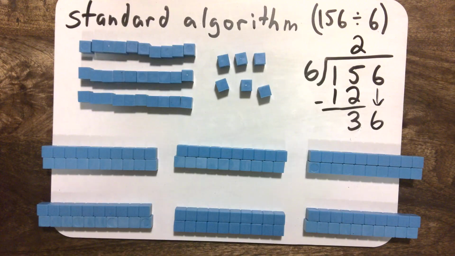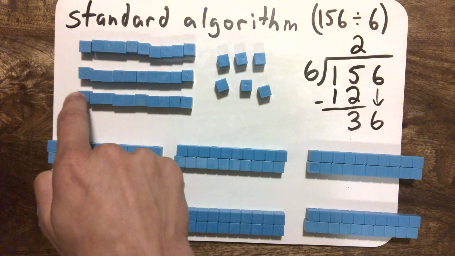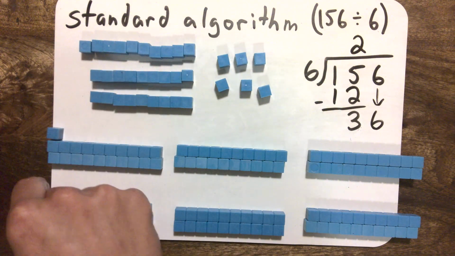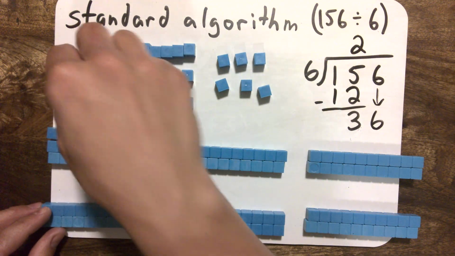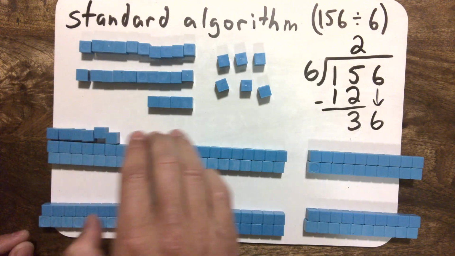ones. I want to think, how many ones can I put into each of these 6 groups? If we didn't know, we could go one at a time, putting them into each. Just to save on time, we're going to say that we know 36 divided by 6 is equal to 6.